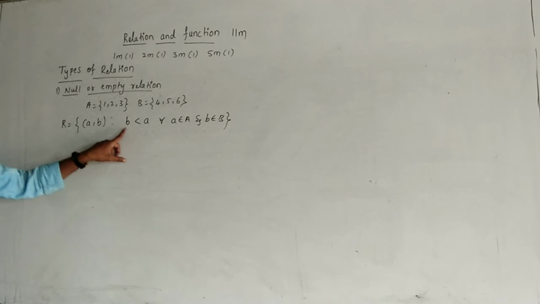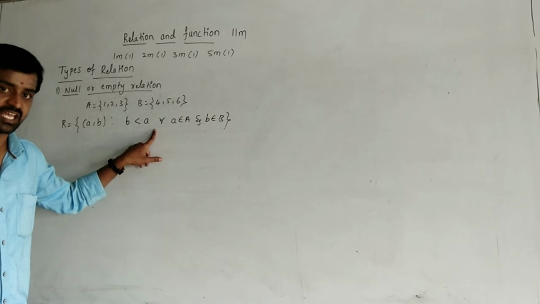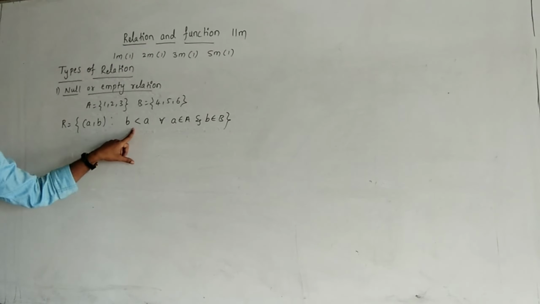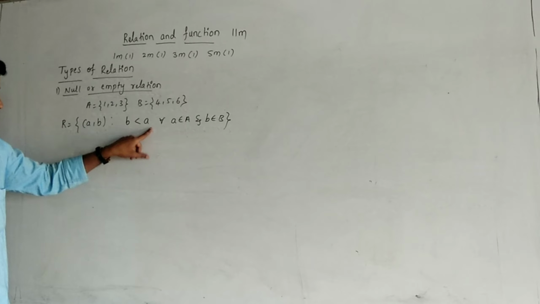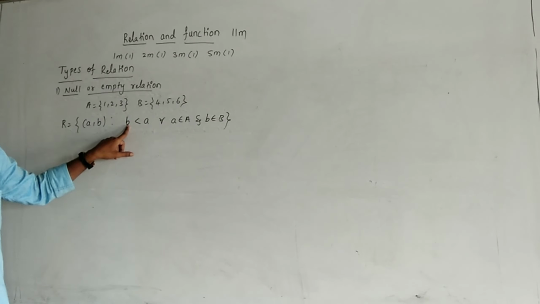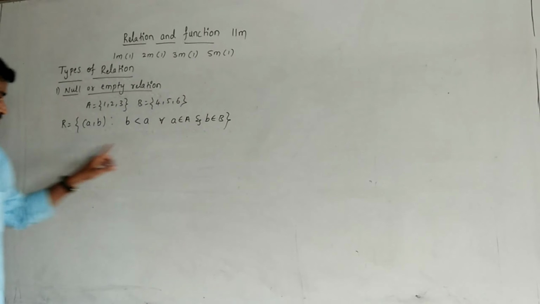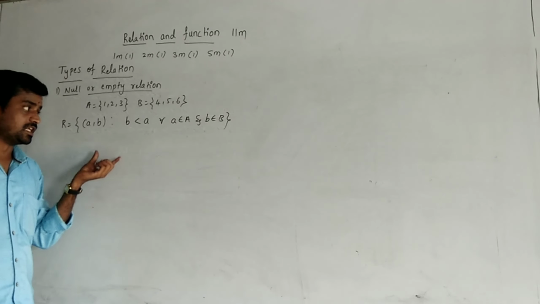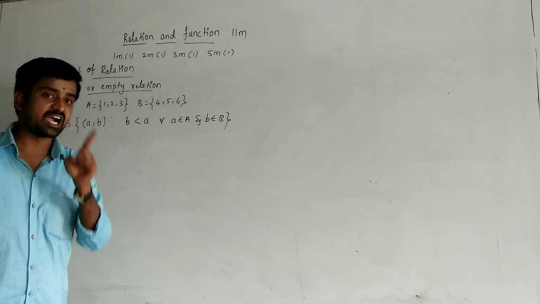Their condition is b is less than a. Then you write ordered pairs. What do you get? Here b is greater than a, so it is impossible to write an ordered pair.